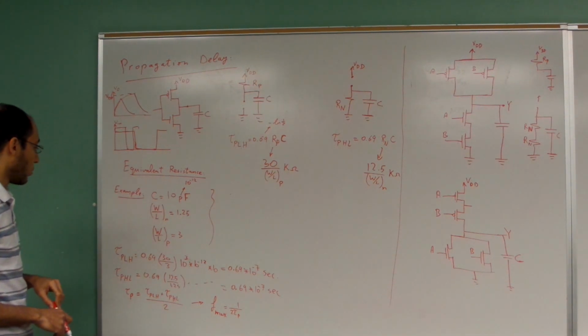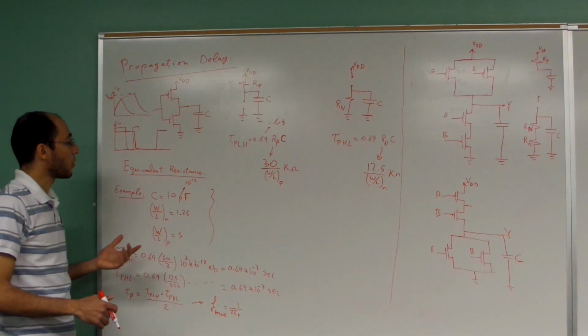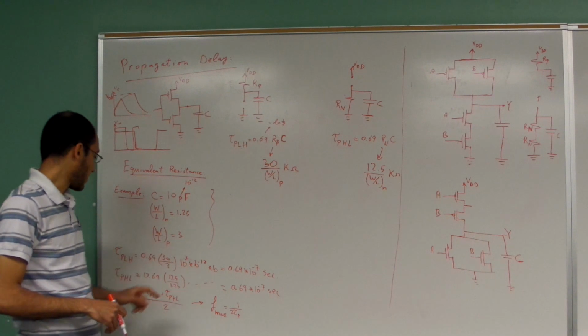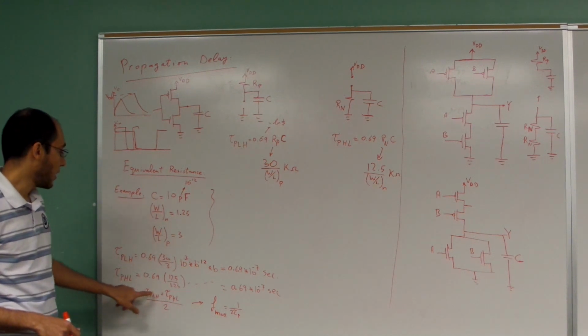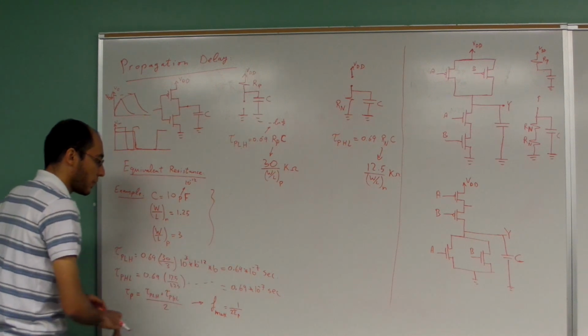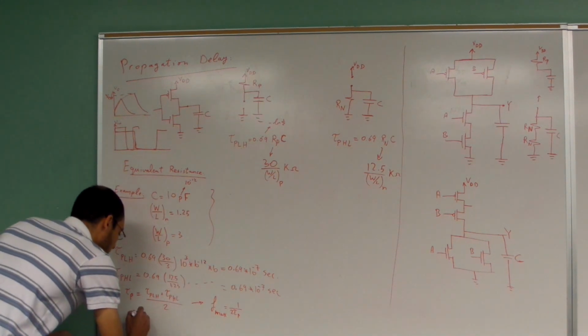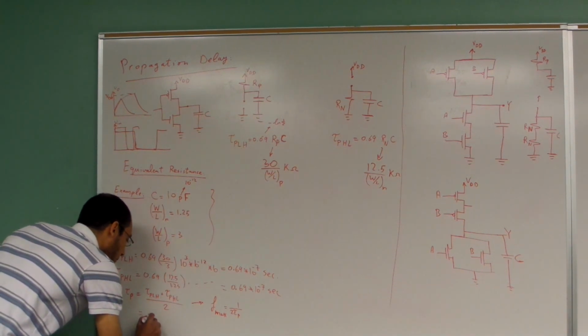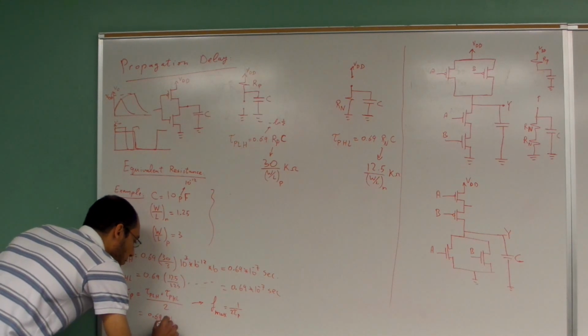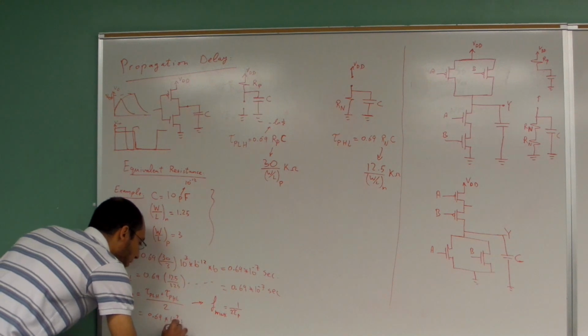What is the value of the total propagation time, Tp? Tp is defined as the average between low to high and high to low. Take the average of these two values, and it is approximately equal to 0.69 times 10 power negative 7 seconds.